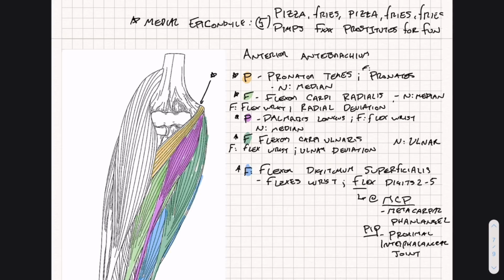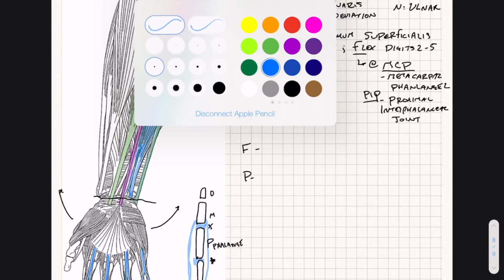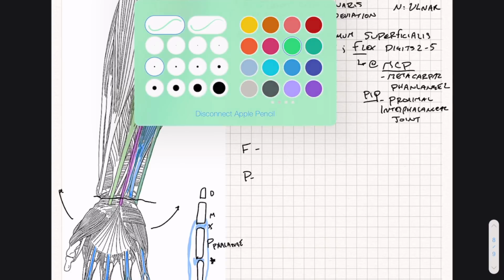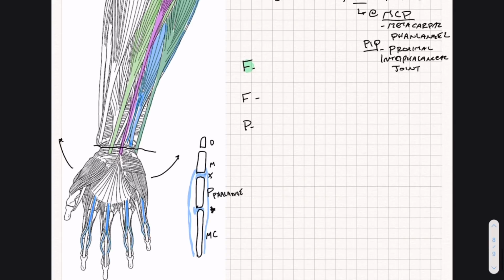So after the 5, there's 3 more. So we have 5 superficial, and then we have 3 deeper ones. These deeper ones, you have an F, another F, and then a P. So the first F we're going to talk about, let's see, I'll do it in this green. This one goes to the thumb. We can see its tendon right here.